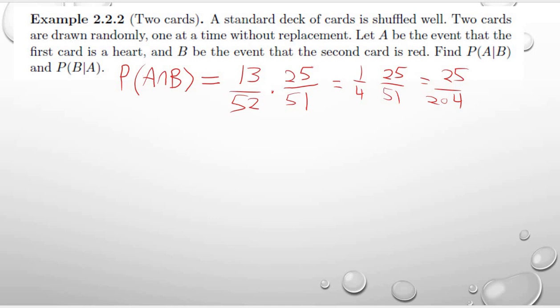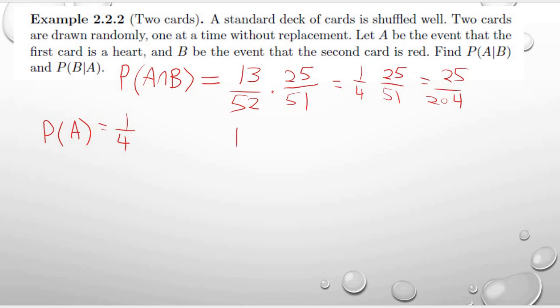Now, we mentioned that any suit has a probability of 1/4, so since A is that the first card is a heart, that must be 1/4.